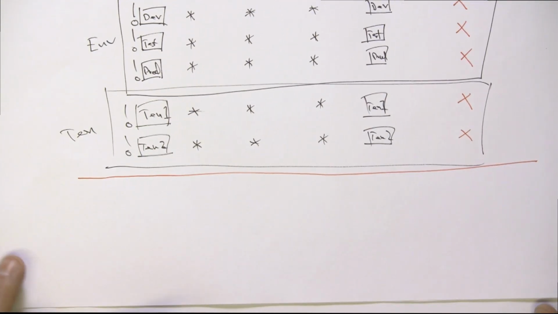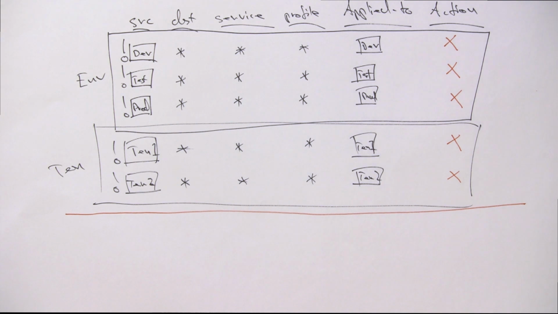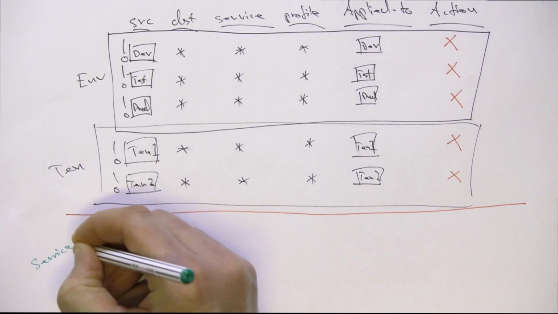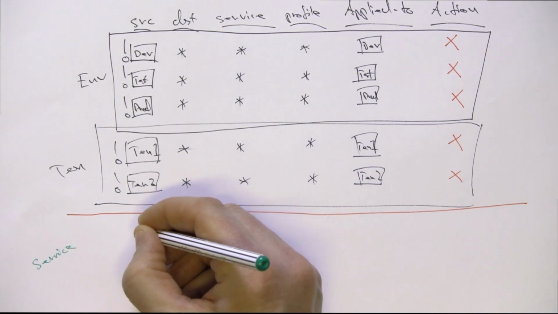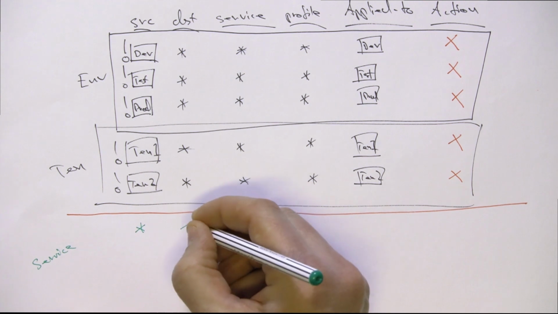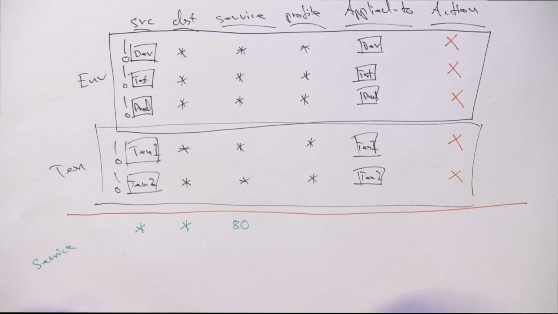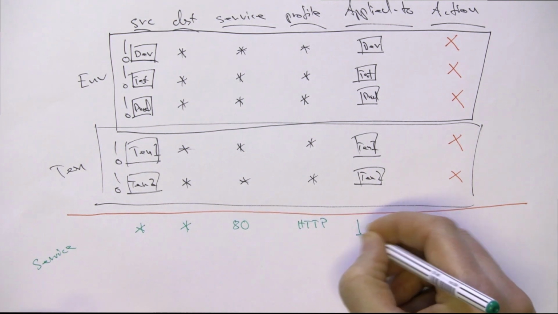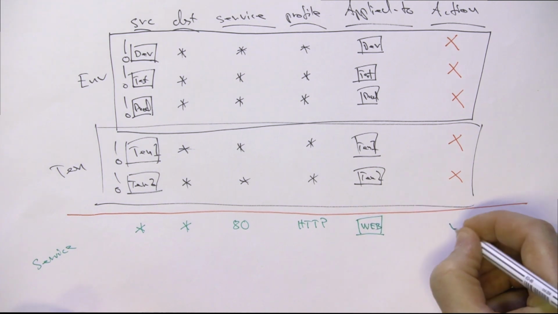Because, for instance, at the furthest down in my policy rule set, I can have my service dimension. And then, with the fencing approach, I can say source is any, destination is any, the service is, for instance, port 80, the profile is HTTP, applied to anyone with a web tag, and that is allowed.